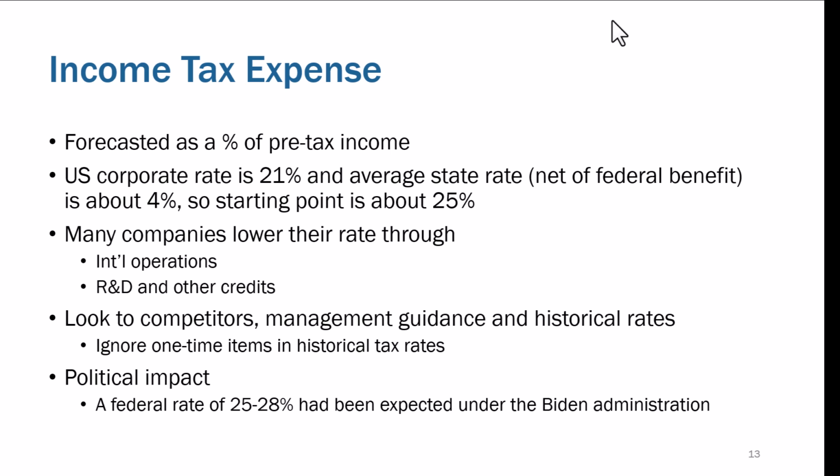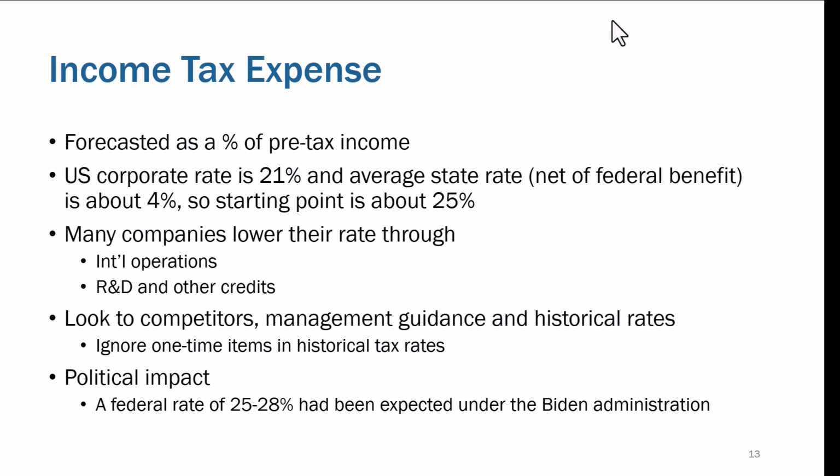But then also the political impact. When I was doing forecasts coming up through the 2020 election and then into 2021 and 2022, I think everyone expected that corporate taxes were going to go up under the Biden administration, probably to a rate of 25 to 28%. They didn't, but a lot of people in conservative forecasts, conservative meaning to show more expenses, might have just put that in as a placeholder, just to say, okay, in a bad case scenario, bad from a low income and low cash standpoint, what if the tax rates are higher?